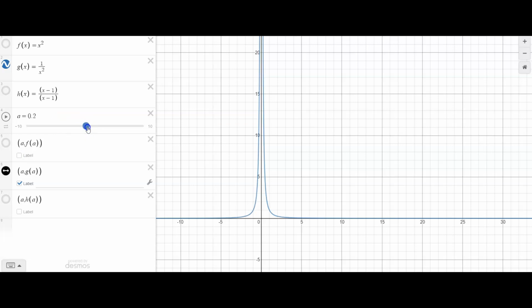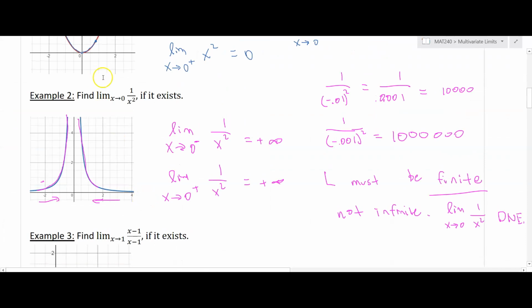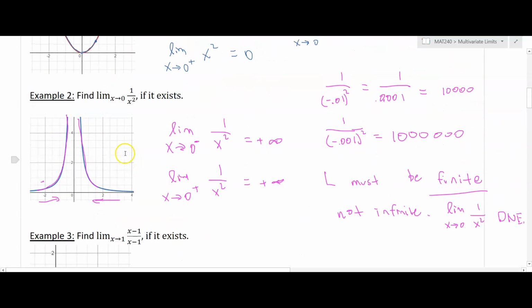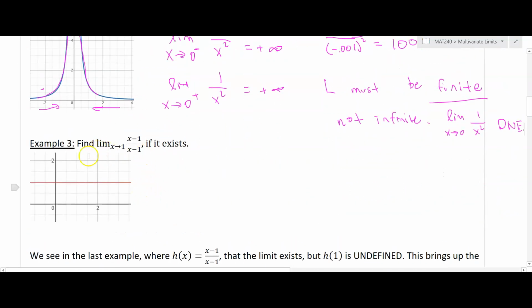It's starting to get really, really large. It disappears off the screen, it blows up so fast. Now coming from the other side, as we move inward, we see kind of the same thing. Now what happens when a is 0? Well, whenever you plug 0 into the denominator of 1 over 0, that's undefined. So it doesn't exist even from the graphical perspective.